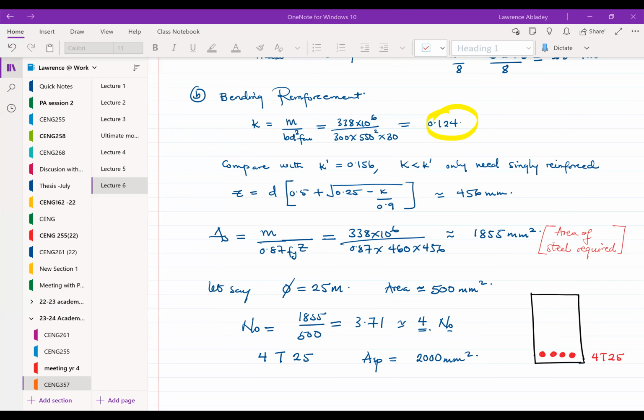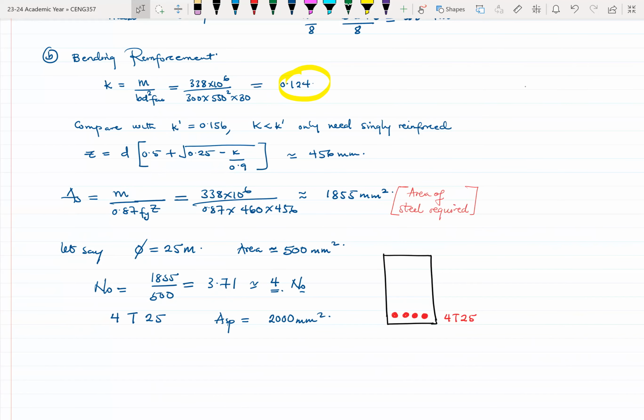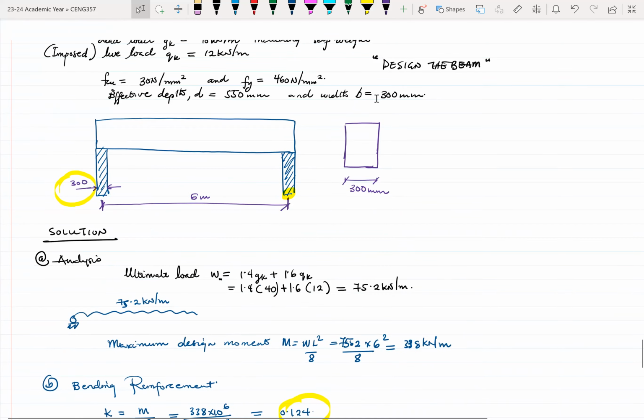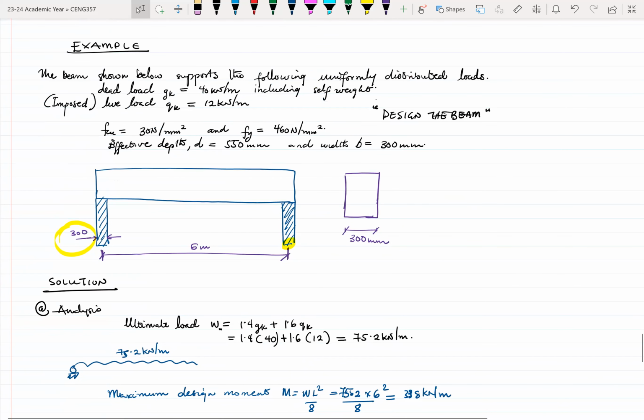Let me just make sure that the recording is ongoing. All right. So now let me go up here and then just draw the rebar. Okay. So in effect, this is how the rebar looks like.